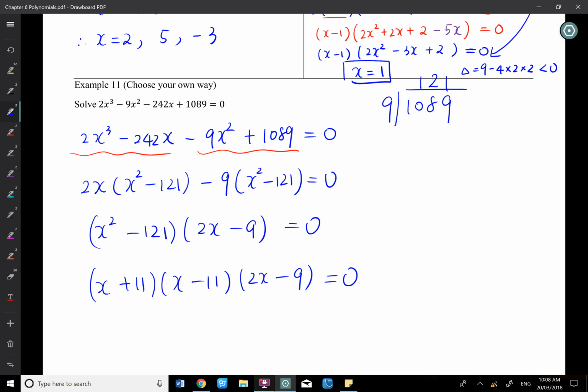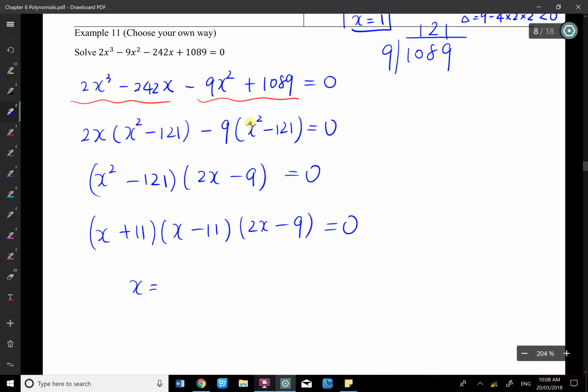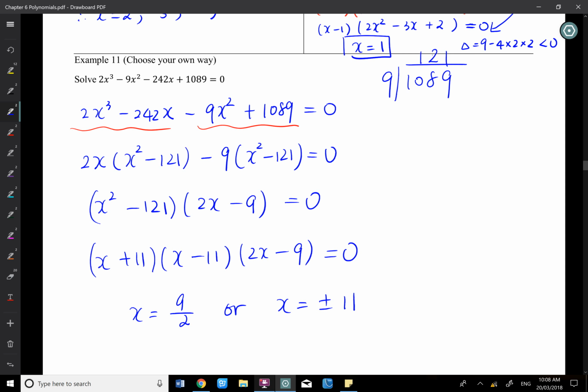I need to correct the paper. So what we have is x equals 9 over 2, or x equals plus or minus 11. Alright, that's this question here.